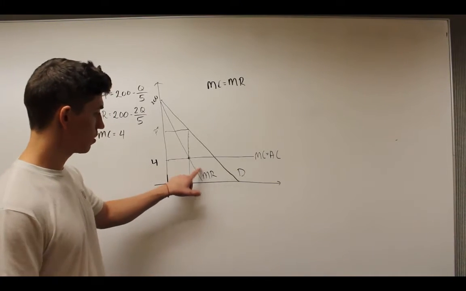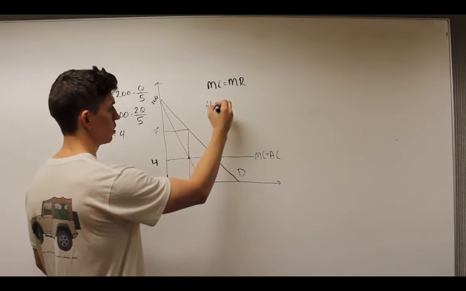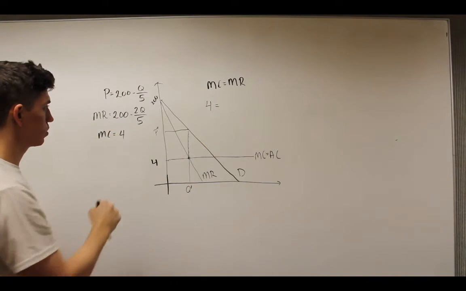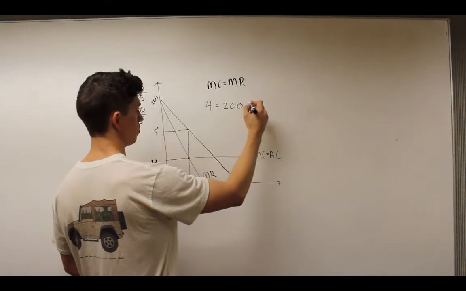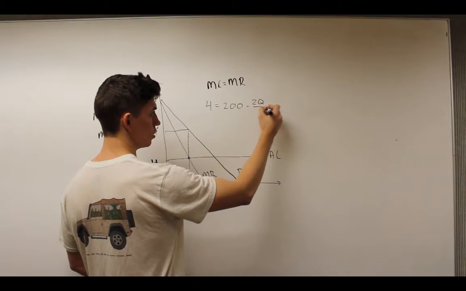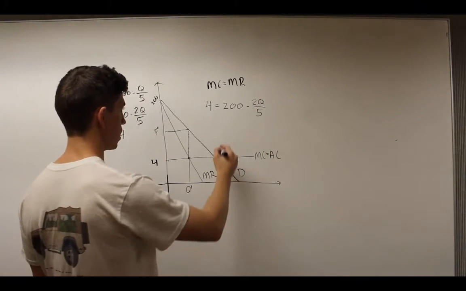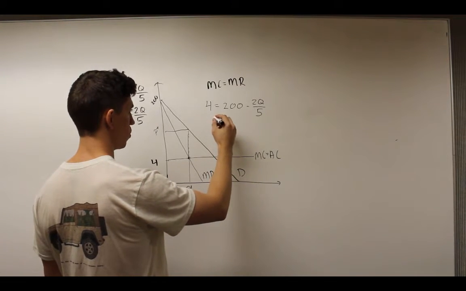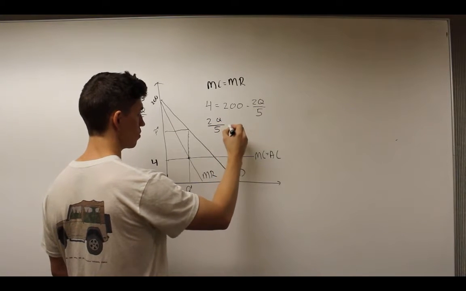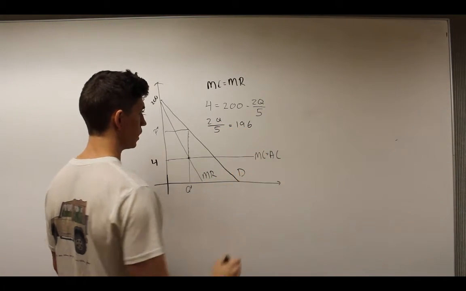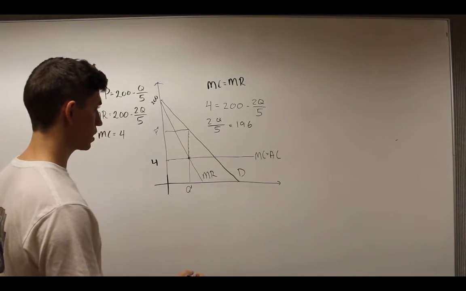So I'm going to go, like I said, where marginal revenue equals marginal cost. So I set marginal cost 4 equal to our marginal revenue, which is 200 minus 2q over 5, and now I'm just going to solve for q here, and that'll get me that 2q over 5 equals 196. 196 divided by 2 is equal to 98.